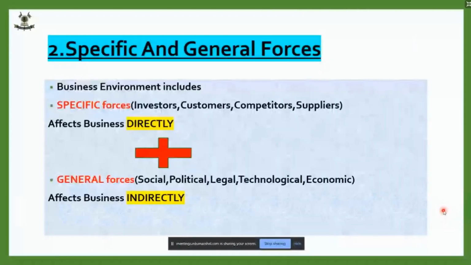You should be very clearly knowing about this, children. What are specific forces and what are general forces? Specific forces are those forces which are going to have a direct impact on the business. Investors, customers, competitors, suppliers.